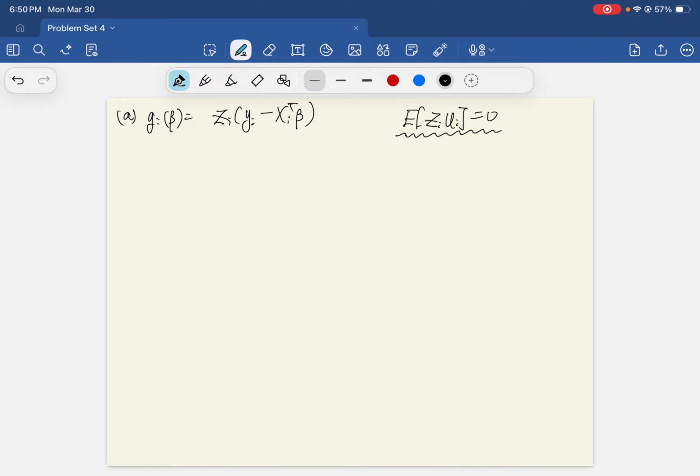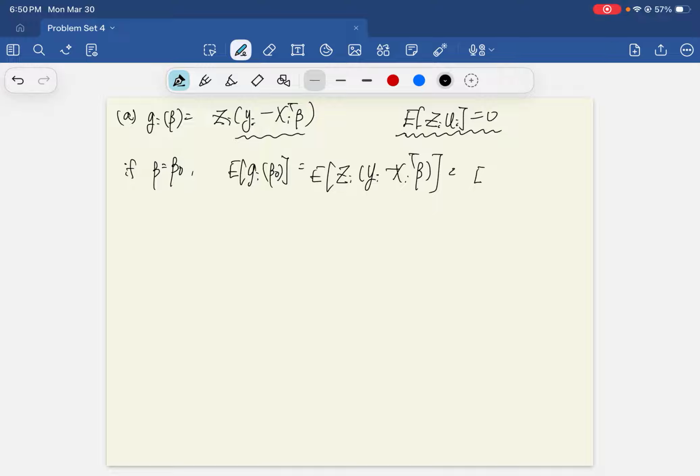If you plug in beta_0, this part will become u. So if beta equals beta_0, we get the expectation of g_i(beta_0) is the expectation of z_i (y_i minus x_i transpose beta_0), that is the expectation of z_i u_i, which is 0 by the exogeneity assumption.